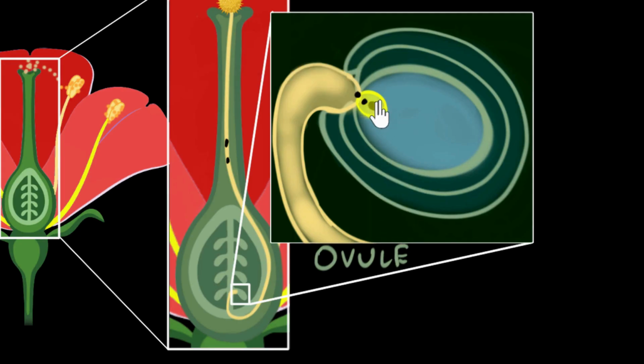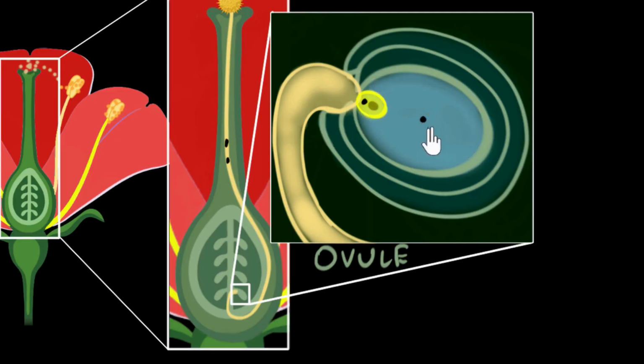So one of the sperms unites with the egg cell, and the other sperm, not this one, the other sperm cell will go and unite with the 2 nuclei. Remember I showed that there are 2 nuclei over here sharing one entire cytoplasm. So that other sperm is going to unite with that.